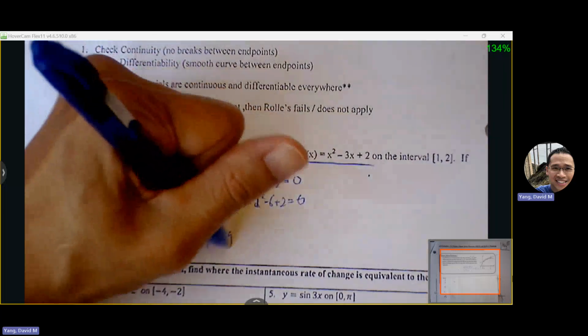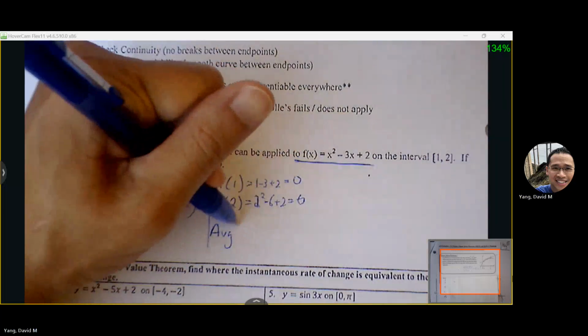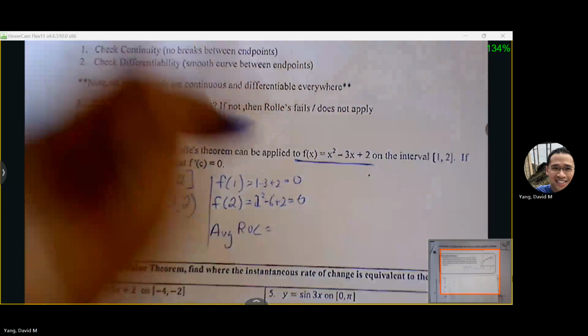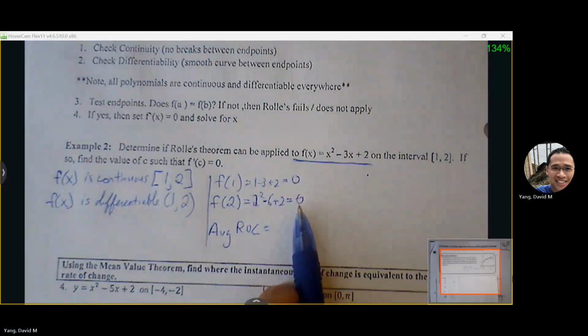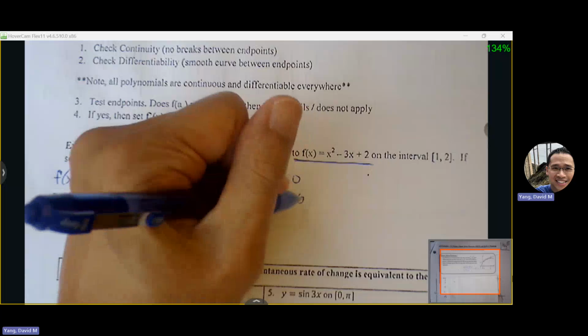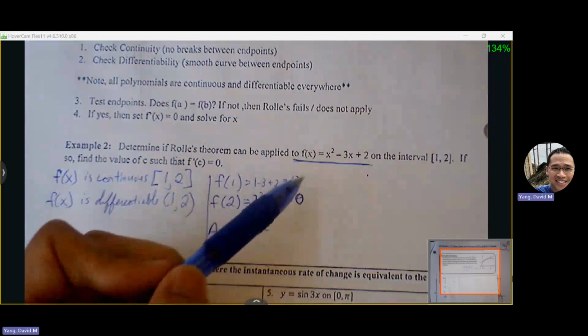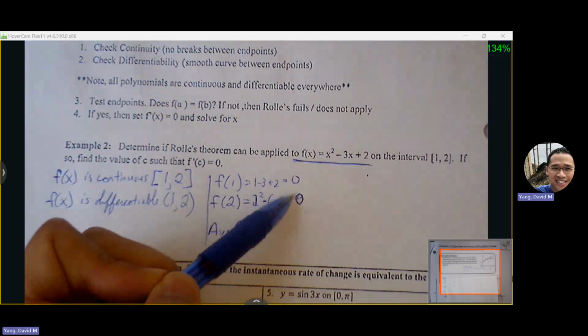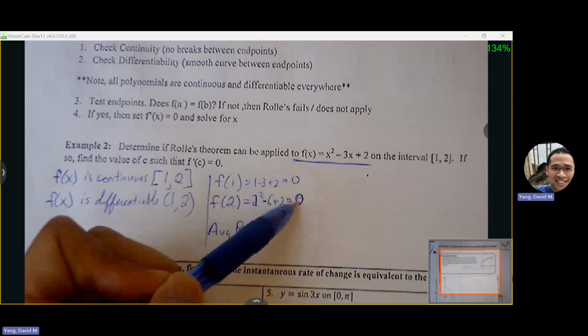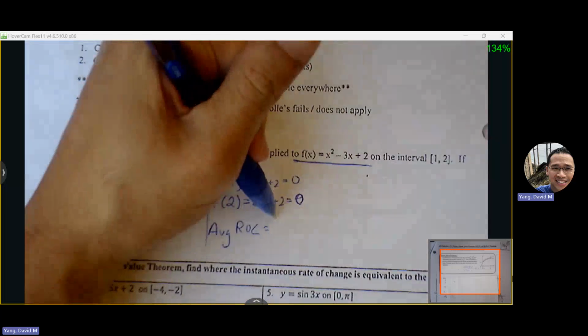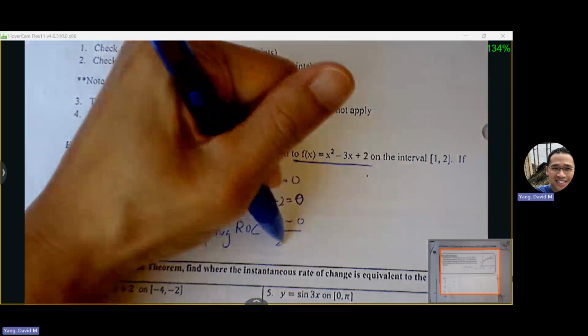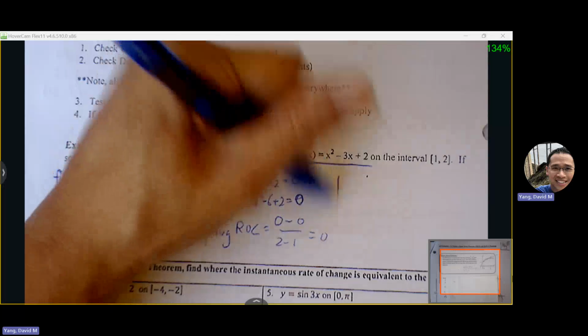Is my slope going to be also 0? Okay, why is that? Is it because these are zeros? Does it have to be zeros, basically? As long as these numbers are what? The same, yeah. So it could be 1 and 1, could be 2 and 2, could be 3 and 3. But here we see 0 minus 0 over 2 minus 1 is equal to 0.